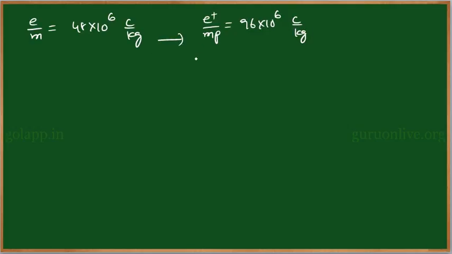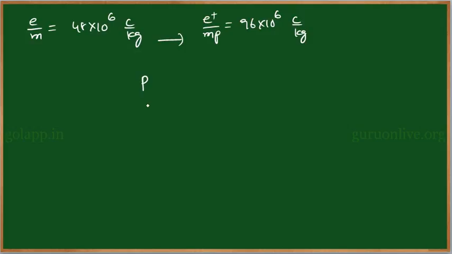So the e by m ratio of the given particles is 48 into 10 to the power of 6 coulomb per kg, and the e by m ratio of proton is 96 into 10 to the power of 6 coulomb per kg. So it seems to be double the given particles. That means there exists another mass particle which doesn't have charge.